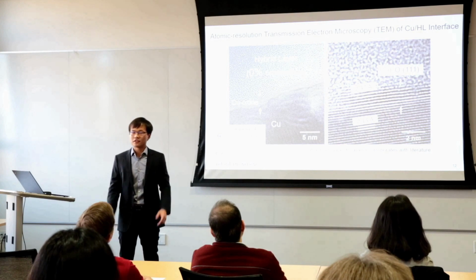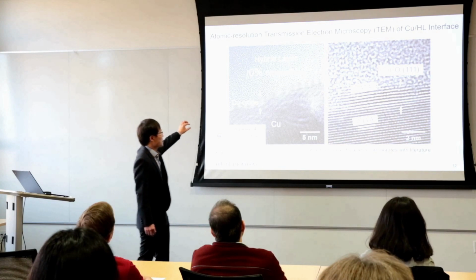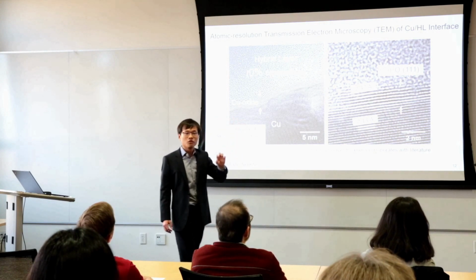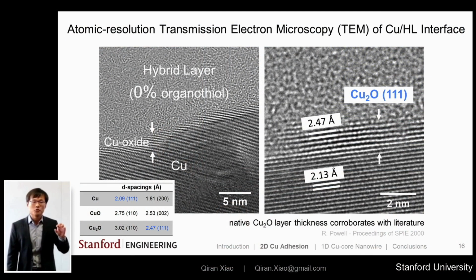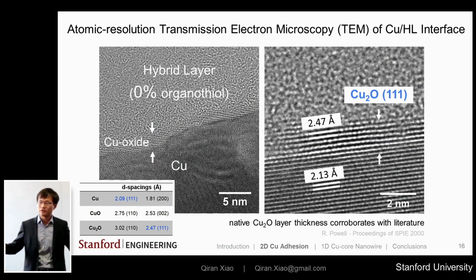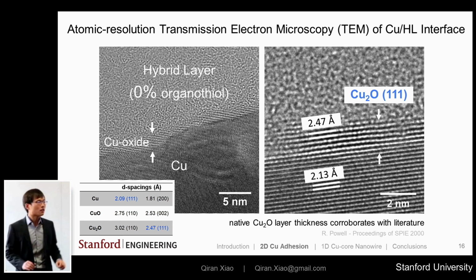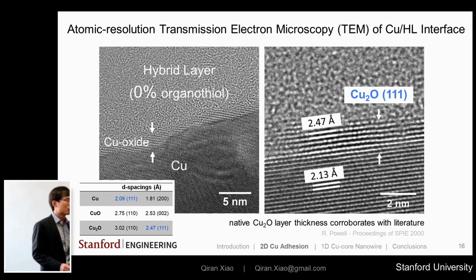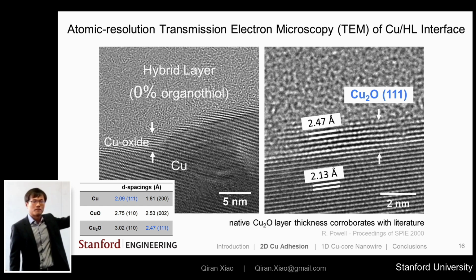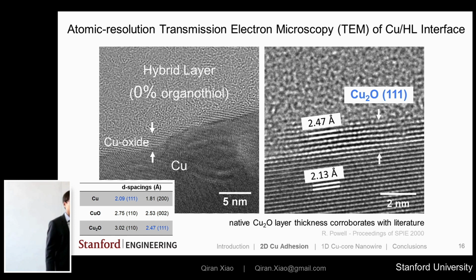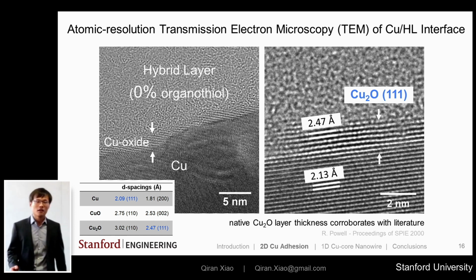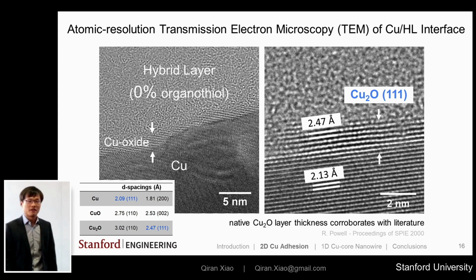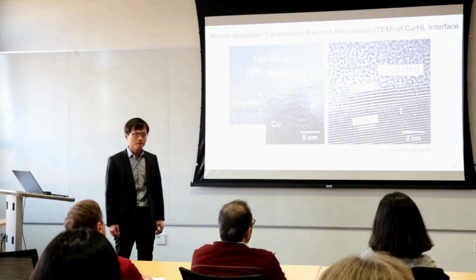And what we see is the existence of a copper oxide layer of about 2 nanometers thickness that uniformly covers the entire copper surface. And that oxide layer is determined to be cupric oxide, as the 2.47 angstrom lattice spacing matched perfectly with the 2.47 angstrom spacing reported in literature for cupric oxide measured by XRD measurements.